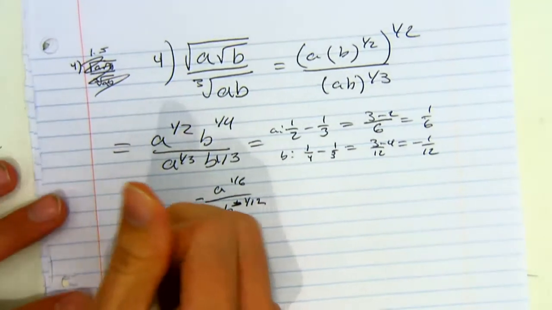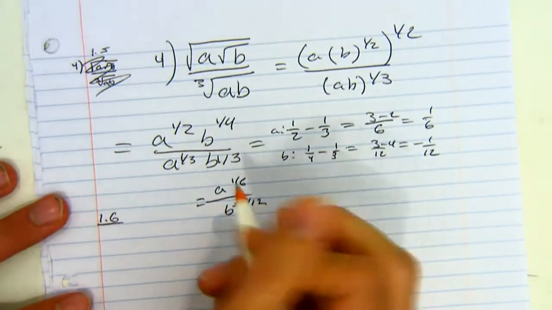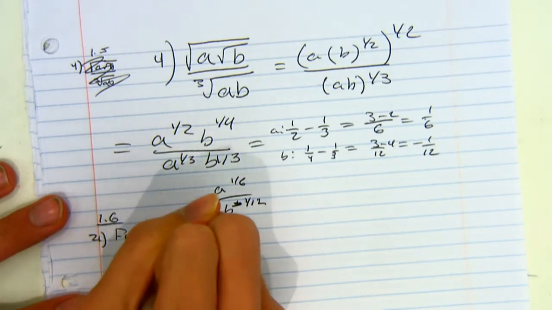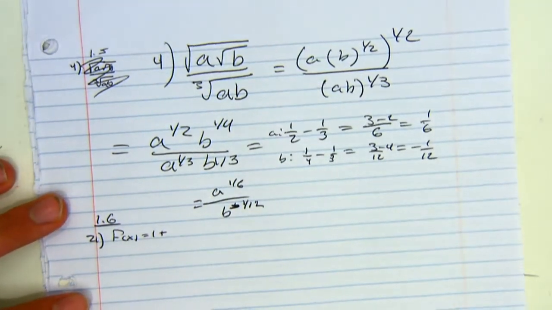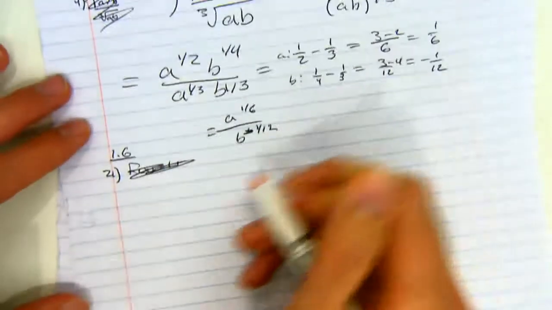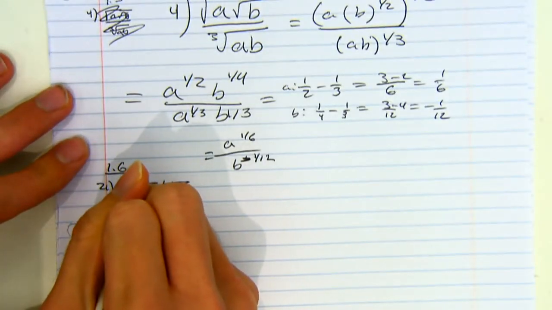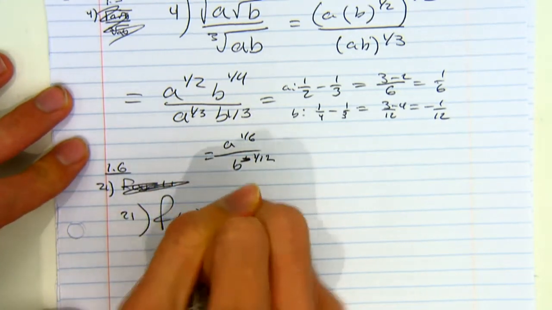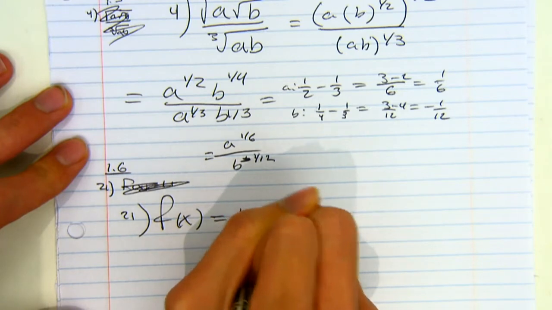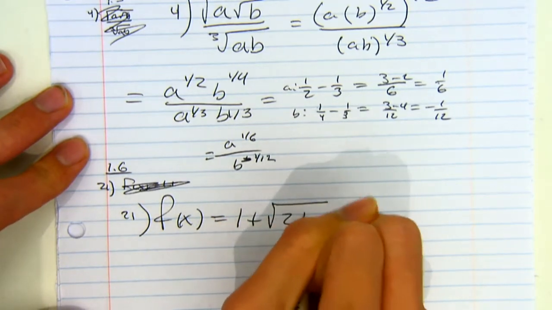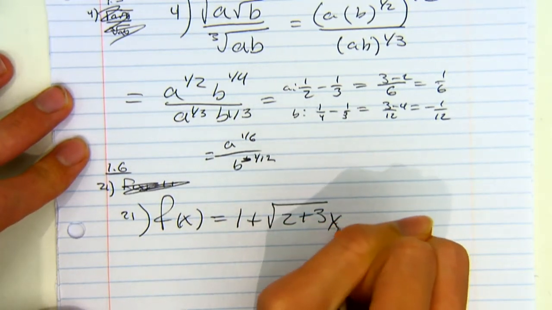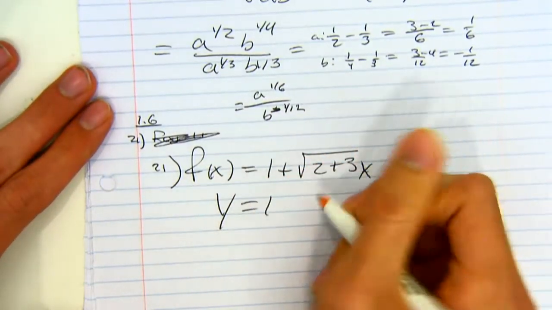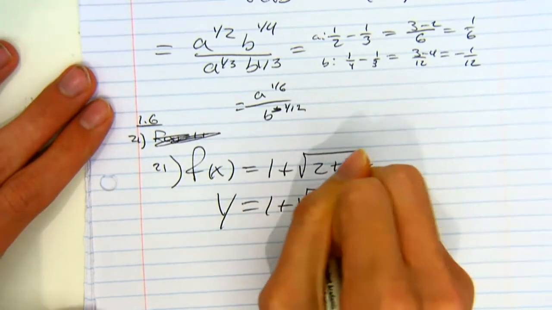All right. So we're going to move on to 1.6 with the inverse functions. With inverse functions, all you really do is switch out the x and y's, and then you solve for y again.